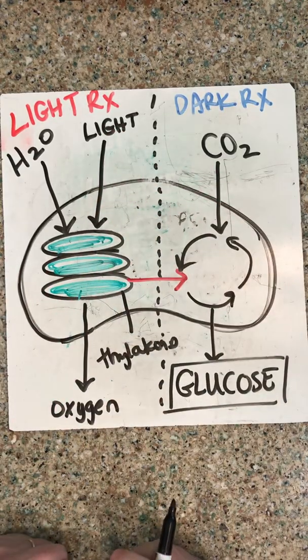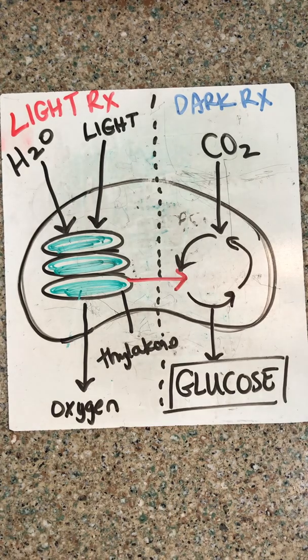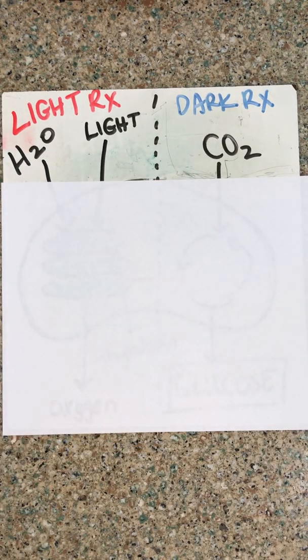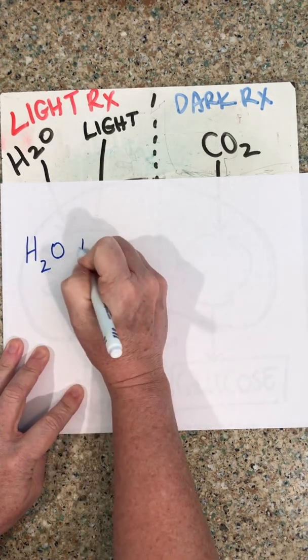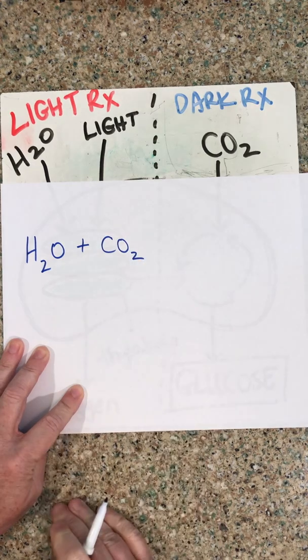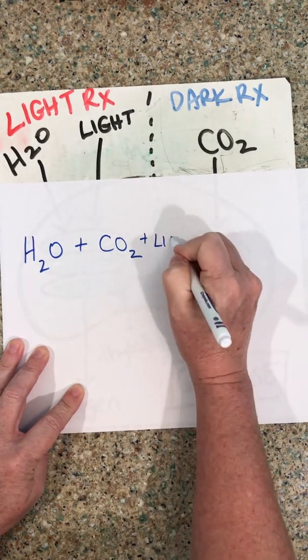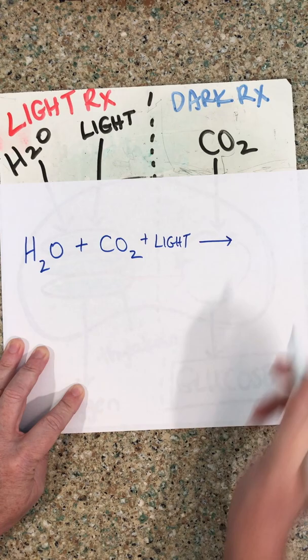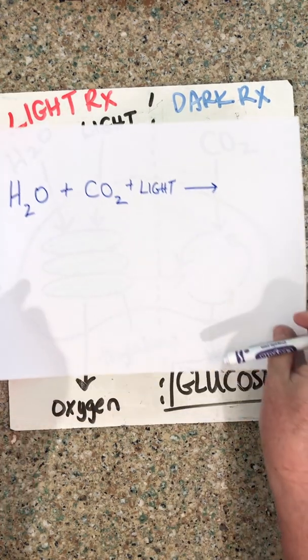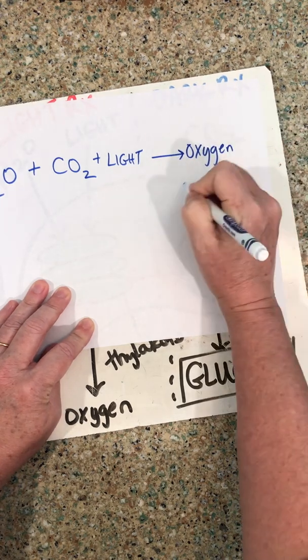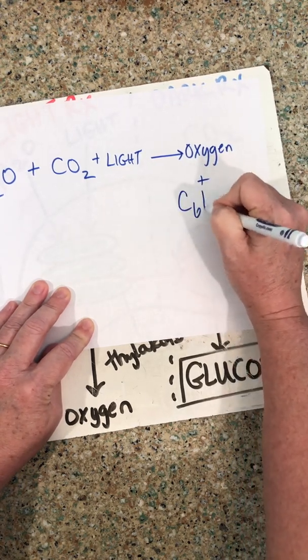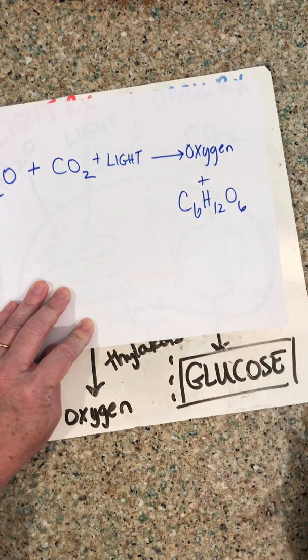Here is your actual equation. The equation for photosynthesis is water plus carbon dioxide plus some form of light, and we'll talk about all the different forms of light, ends up making oxygen and C6H12O6, which is glucose.